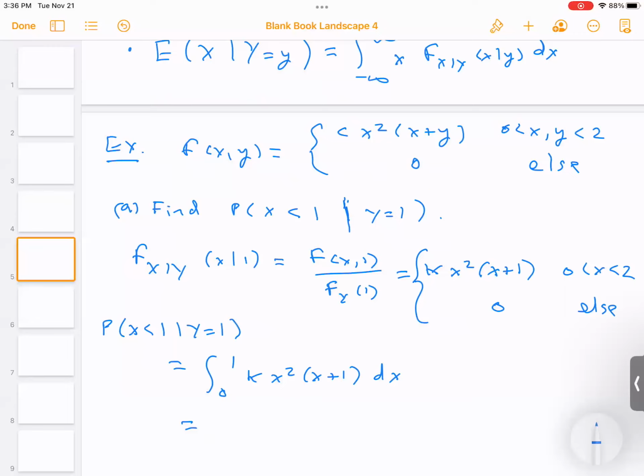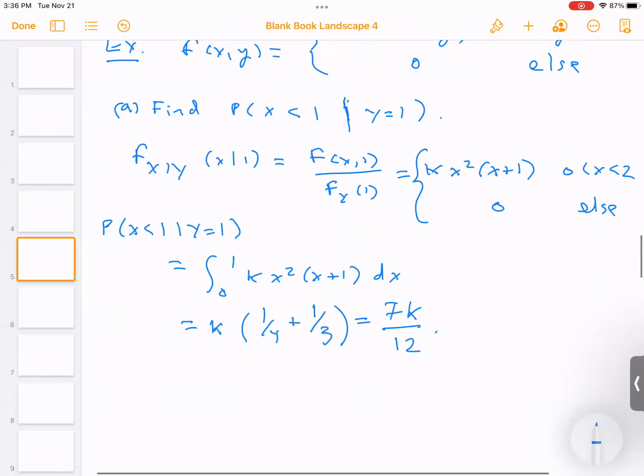This is equal to k times x cubed, so 1/4, and x squared, so plus 1/3, which is 7/12, so 7k over 12. I need to find k, don't I?